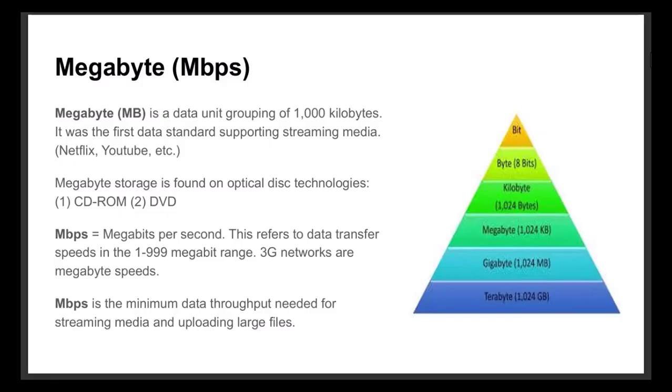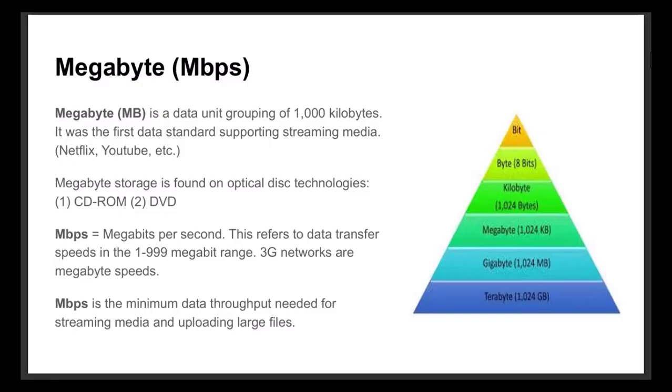Megabyte storage was introduced with optical disk technologies. We've mentioned the different forms of optical disk storage. Those are CD-ROM, DVD, and Blu-ray. These 3 optical disk technologies are used with megabyte level storage.